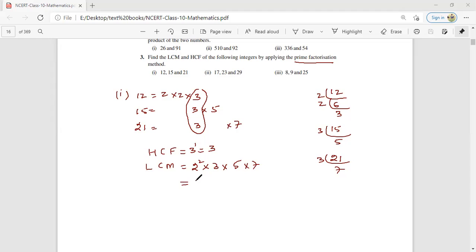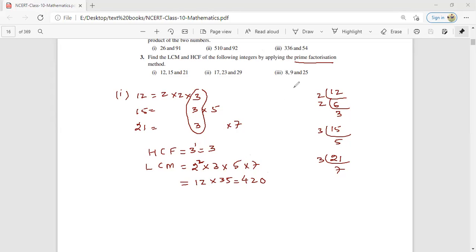So 2 squared is 4, into 3, into 5 into 7. 5 7s are 35. 35 into 12 will be 420. So HCF is 3 and LCM is 420.